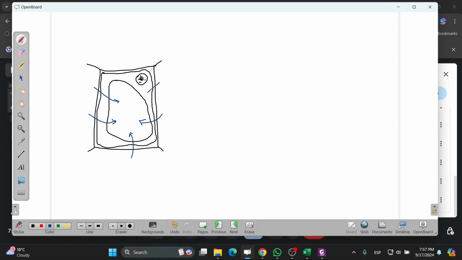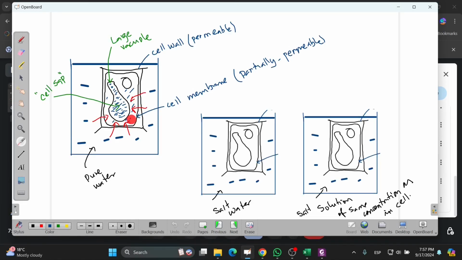Right? What happens is that when the cell is full of water, it will not take more water in because of too much pressure inside, right? So the water that tries to still get in will be pushed away by the high pressure inside the cell. Right? So here's what happens. The cell will not burst. It will still take water as much as it can, right? But will not burst.